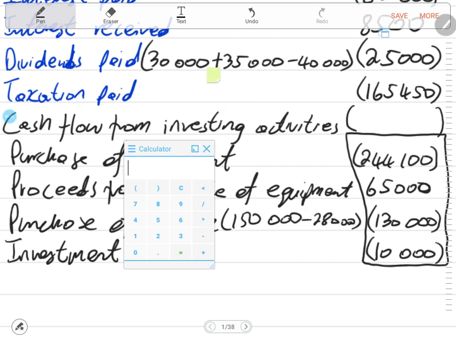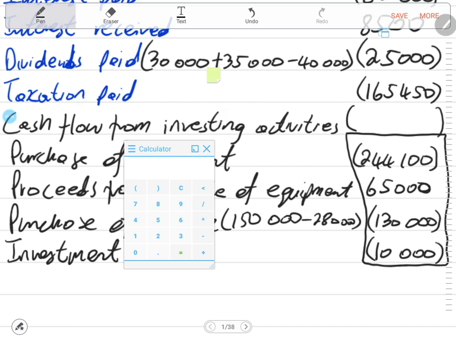So now these are the only items that affect our cash flow from investing activities. Once again, your cash flow from investing activities is your property, plant and equipment items, which is your land and building, your equipment, your machinery, your plant, your vehicles, and your long-term investments, which are under your non-current assets.